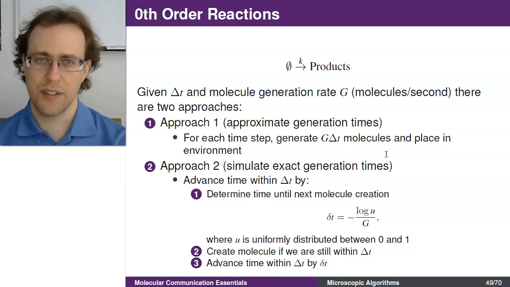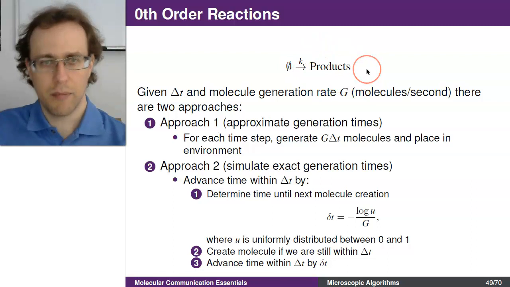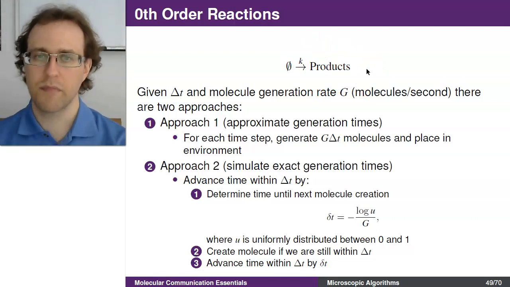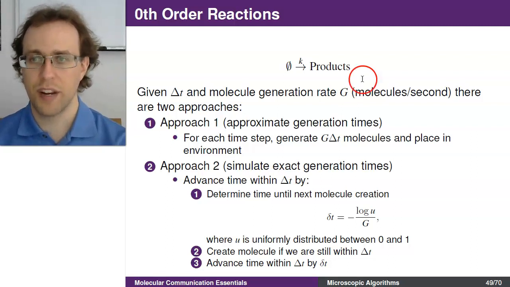For reactions, we need to treat each of the orders of reactions a bit separately. So zeroth order reactions, just as a reminder, give us the spontaneous creation of products. Given that we have our time step, you also need some kind of molecule generation rate, g, in molecules per second.